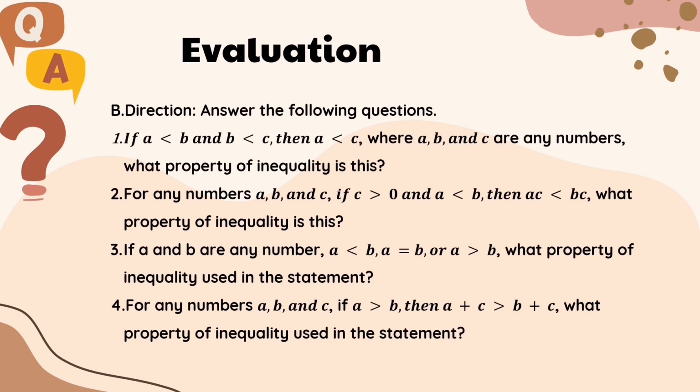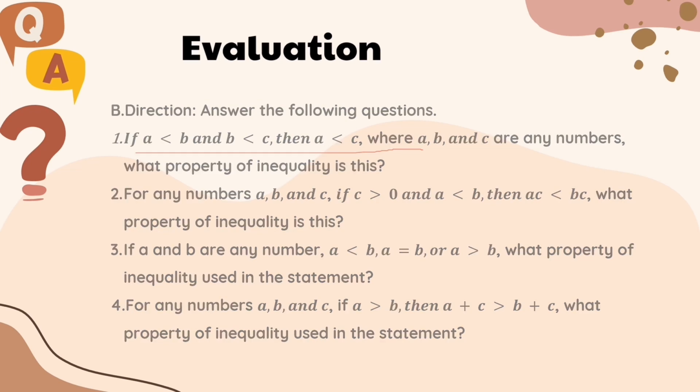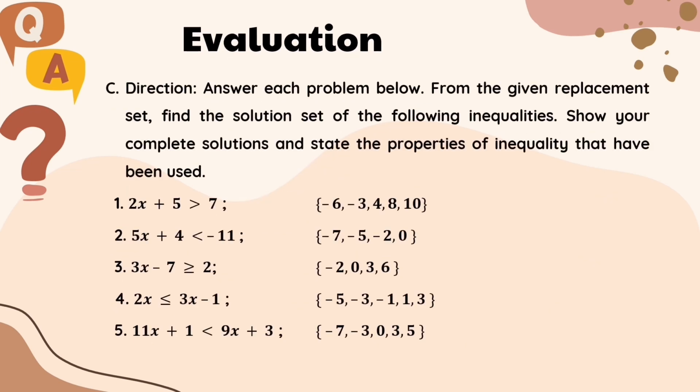So you will identify what property of inequality this is referring to. For part C, answer each problem below. From the given replacement set, find the solution set of the following inequalities. Show your complete solutions and state the properties of inequality that have been used.